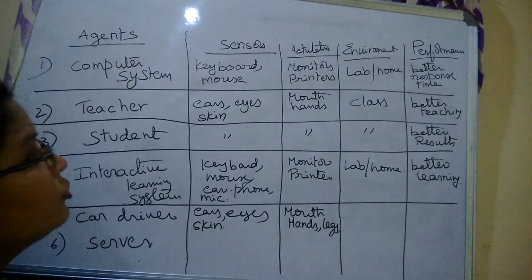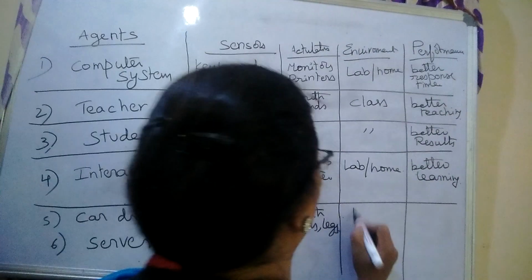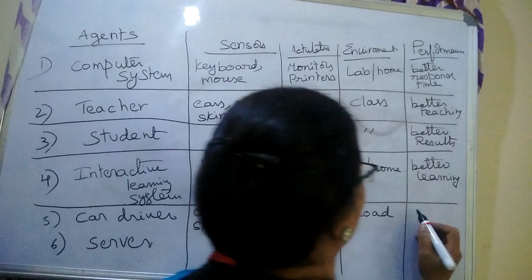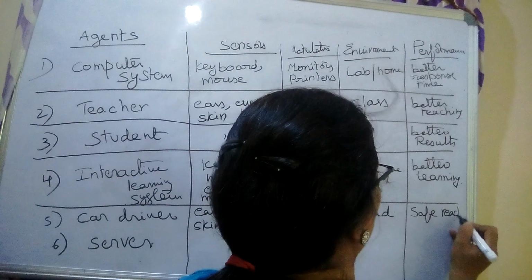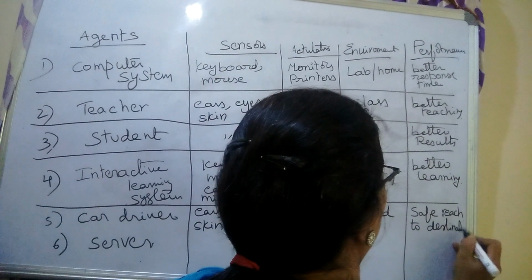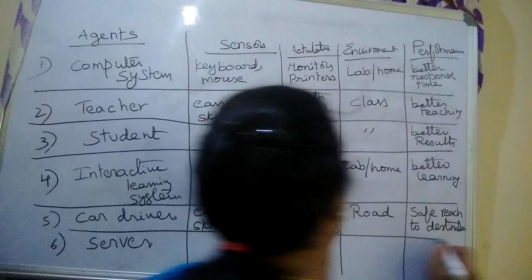He may use legs also to brake. The environment where he works is the road. What is the performance? Safe reach to destination. These are the PEAS for a car driver.